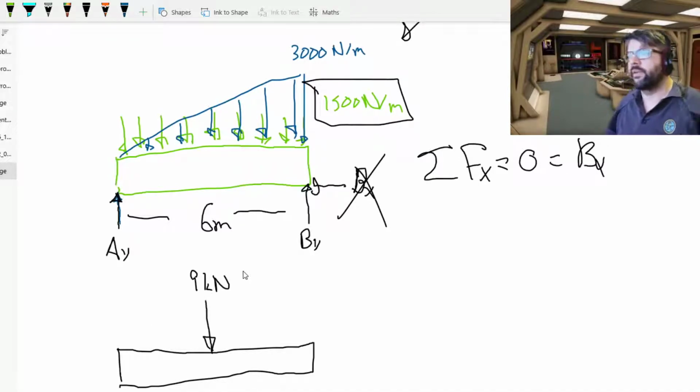We know it's in the middle because the centroid of a rectangle is in the middle, so that is located at a point 3 meters from either side.